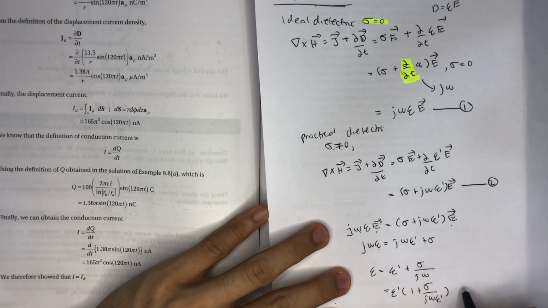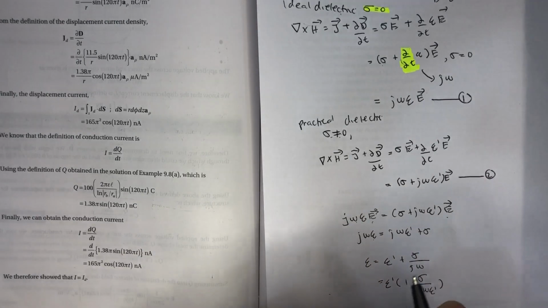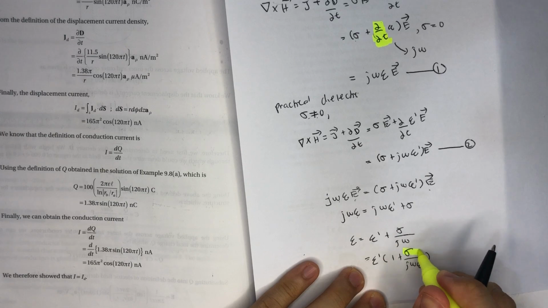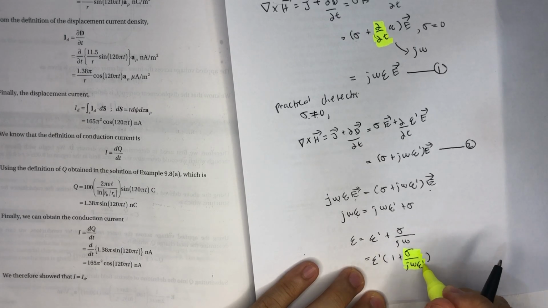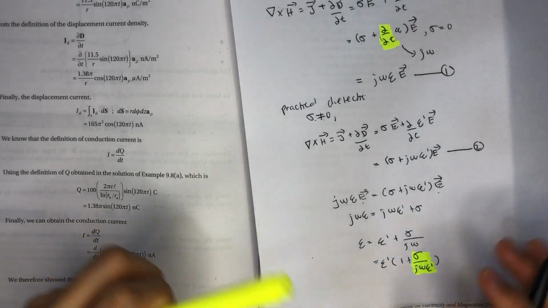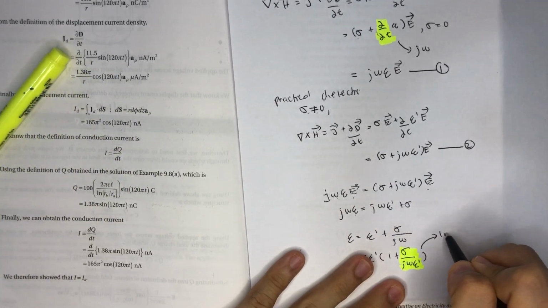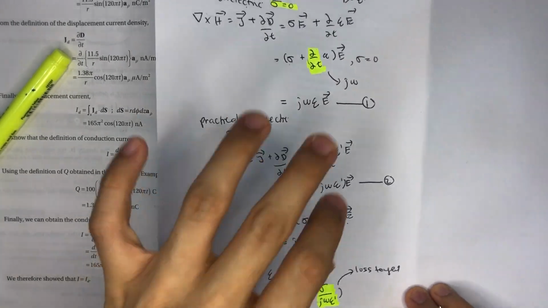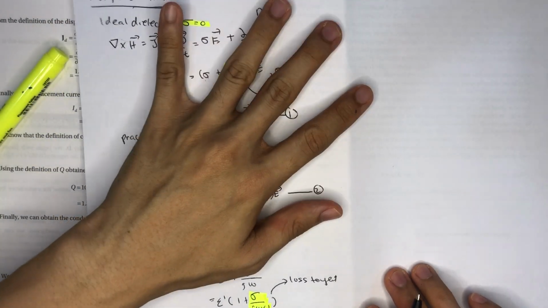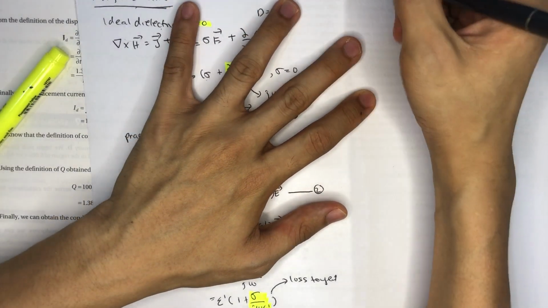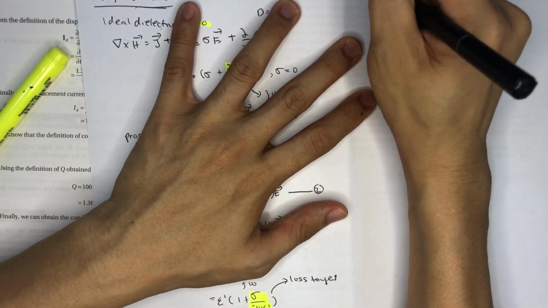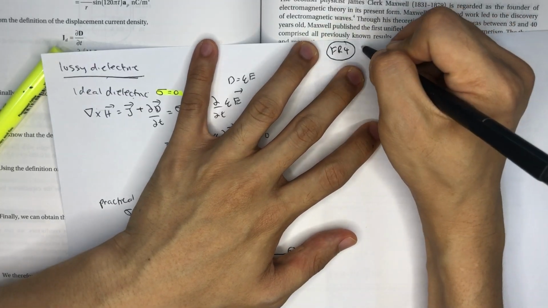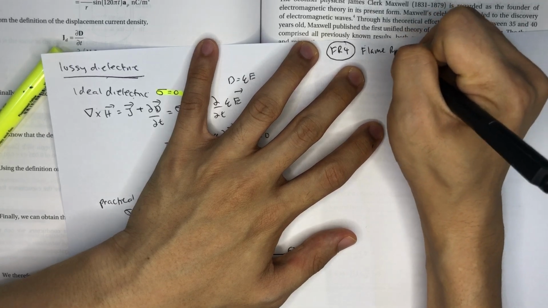So this is a famous equation. When you learn later on, if you go deeper into the RF and microwave field, this one is very important. We call it the loss tangent. So what is loss tangent? For example, FR4, the PCB board, is called flame retardant.